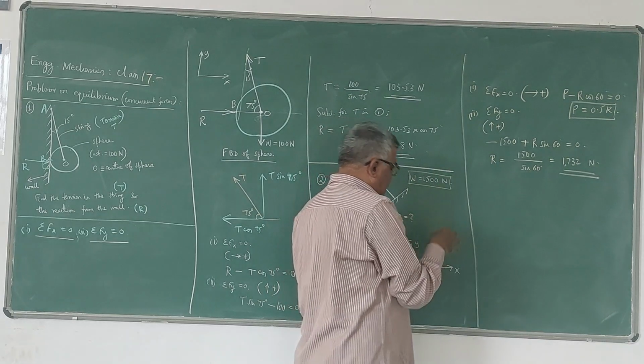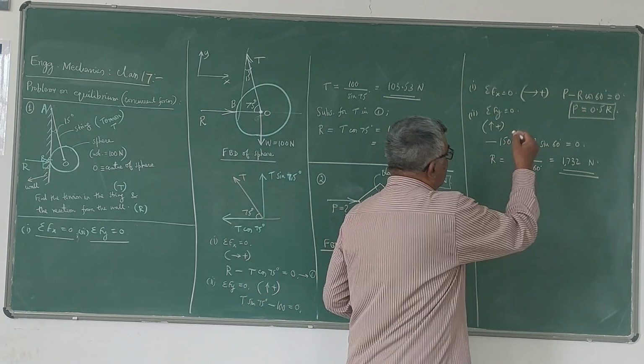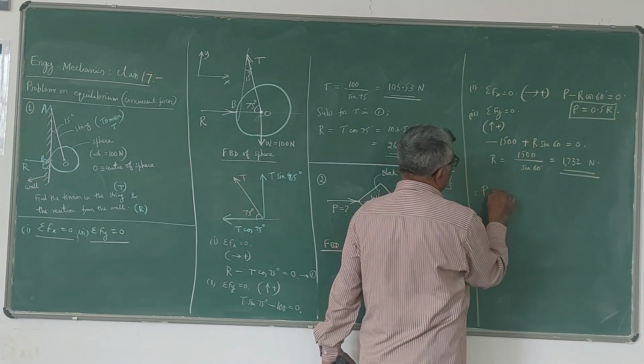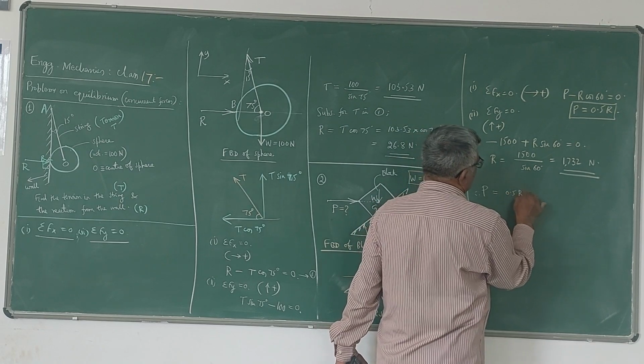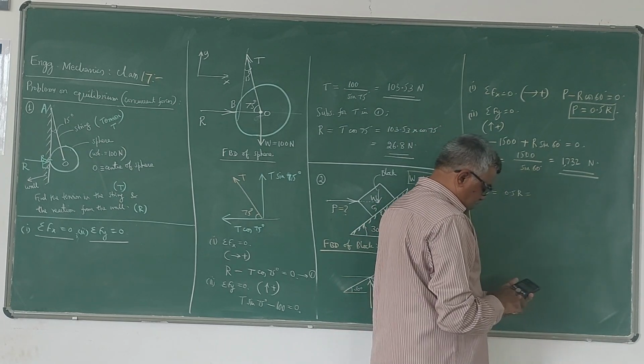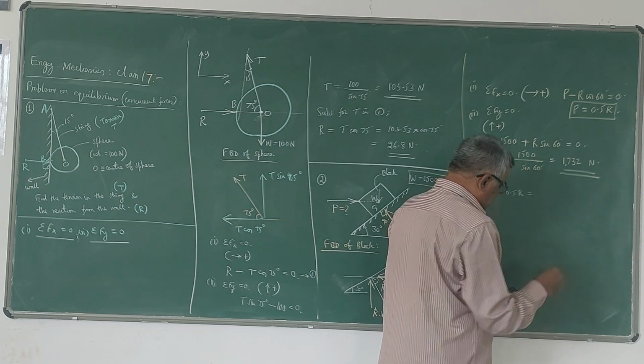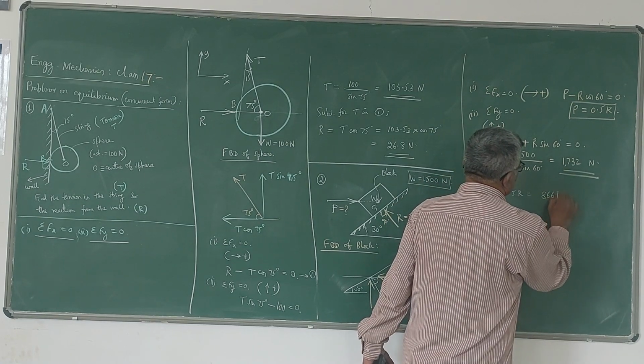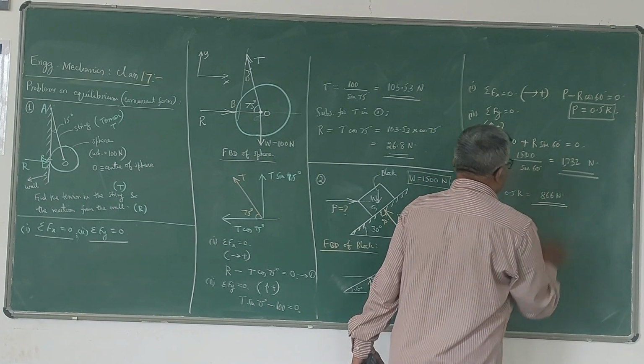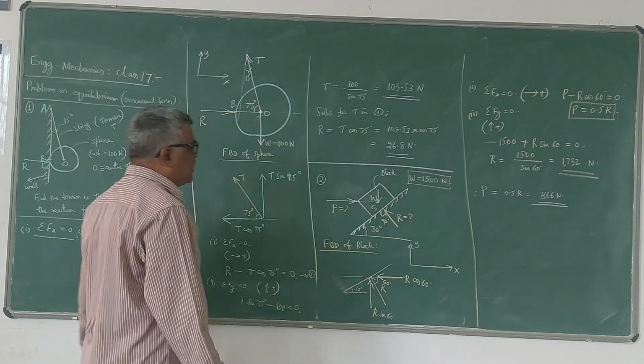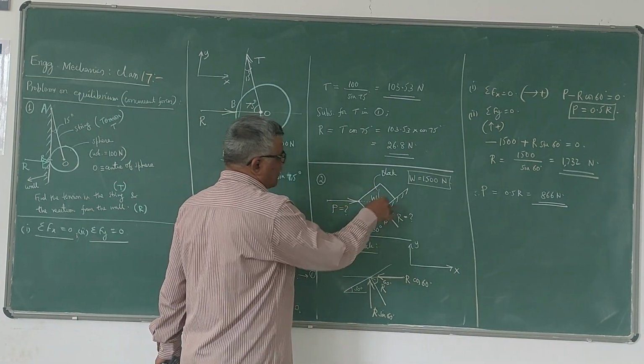Now you substitute this value in the above equation. Therefore P is equal to 0.5 times R, half of that, which is 866 Newton. So this is the force that should be applied on this block to have equilibrium.